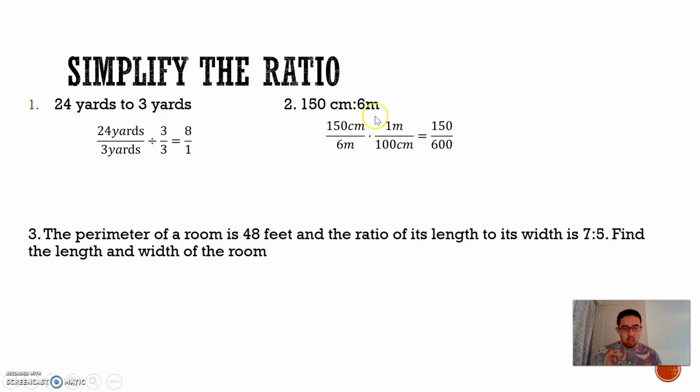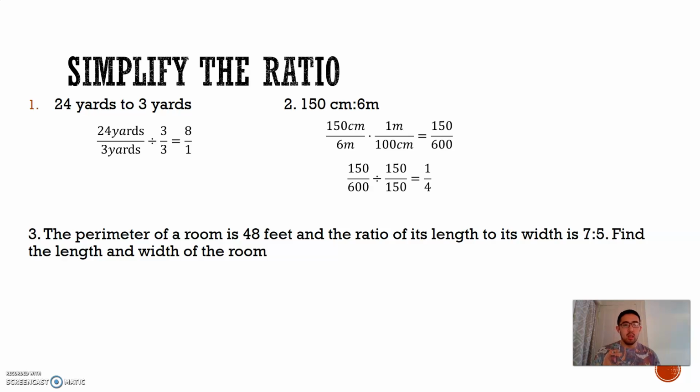And so what was done here was the meters was converted into centimeters by multiplying it by 100 centimeters within a meter, and then I get 150 over 600.